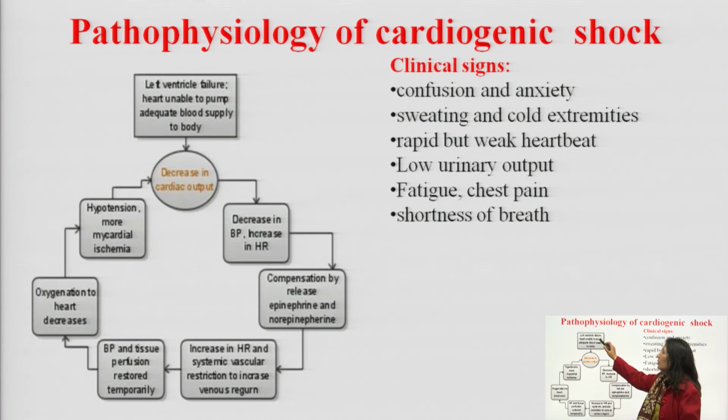The heart will be unable to pump an adequate blood supply to the body, that will result in decrease in cardiac output, decrease in BP, and increase in heart rate because of the activation of the sympathetic nervous system, which is the compensatory mechanism.